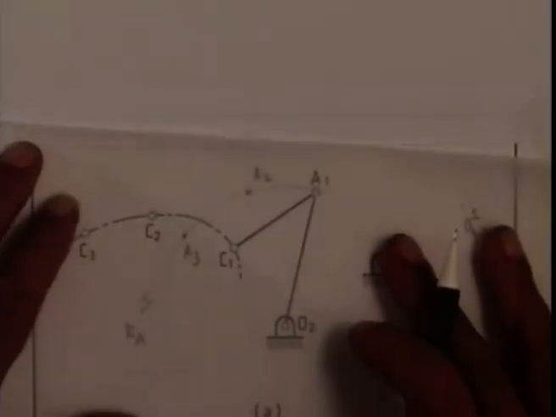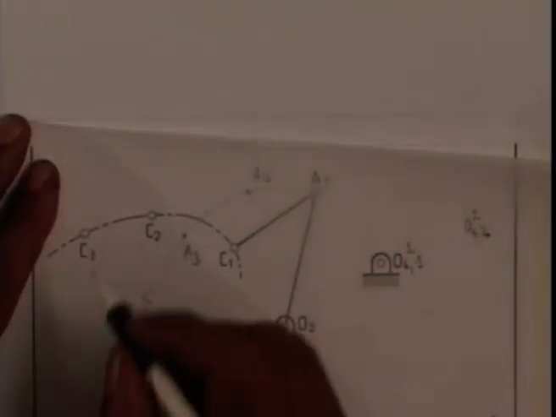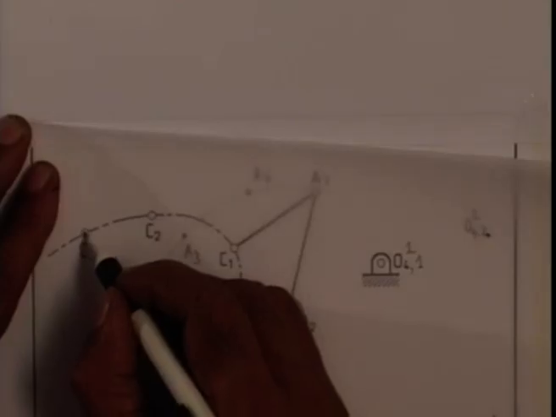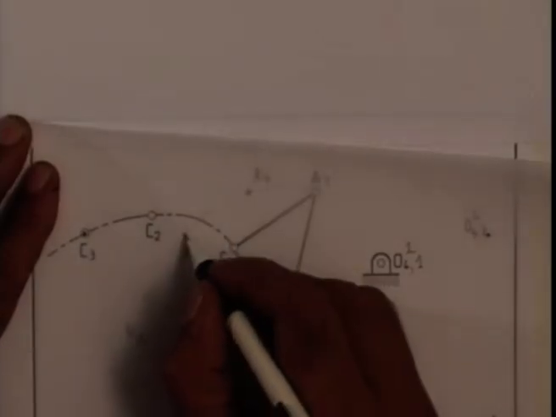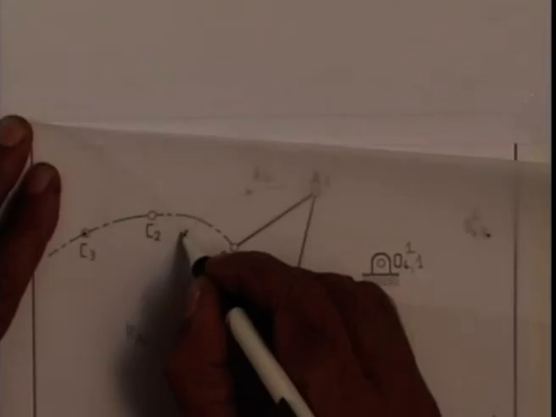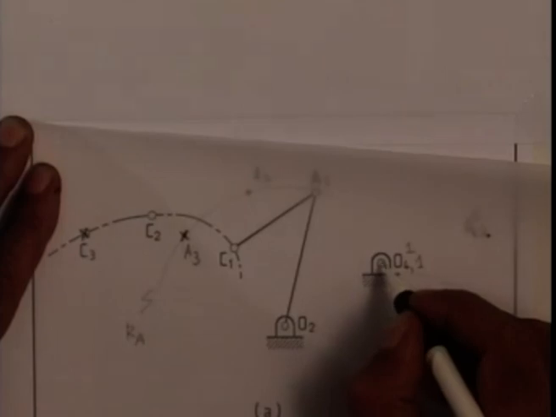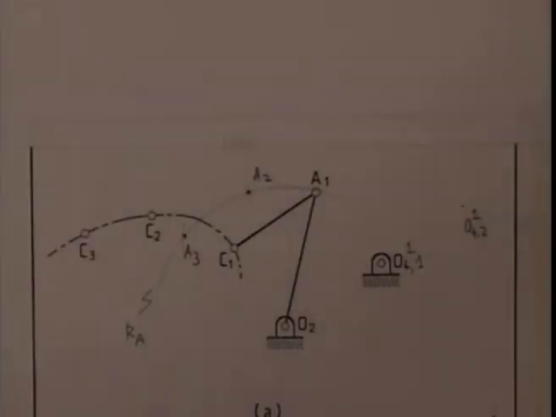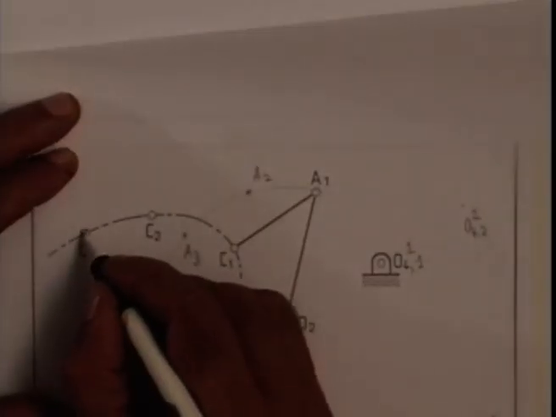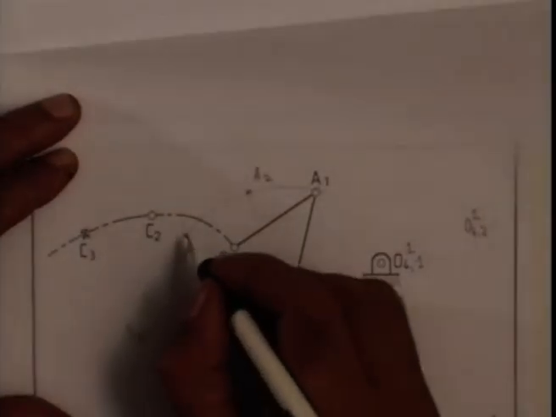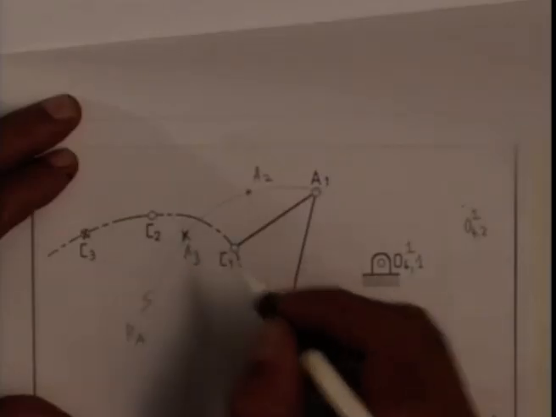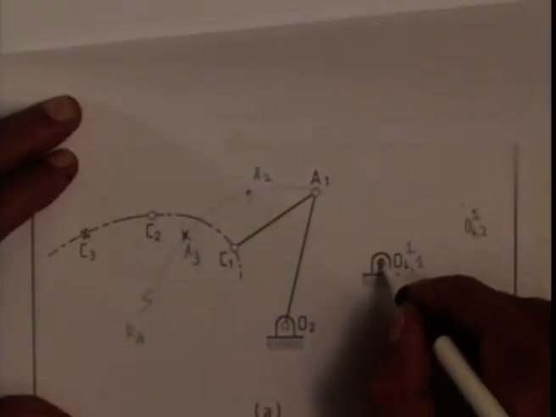Again, now we consider the third configuration, that is we mark C3, A3, and O4. Let me now show how to find out the inverted position corresponding to the third configuration. So this is C3, I put it as a cross, and this is A3, and this is the location of O4.